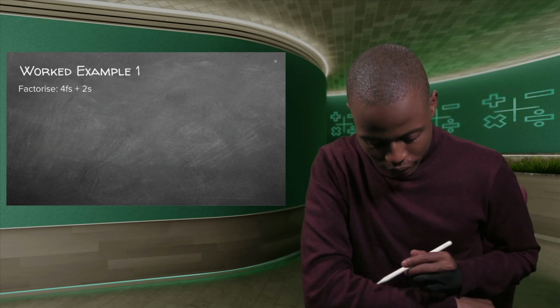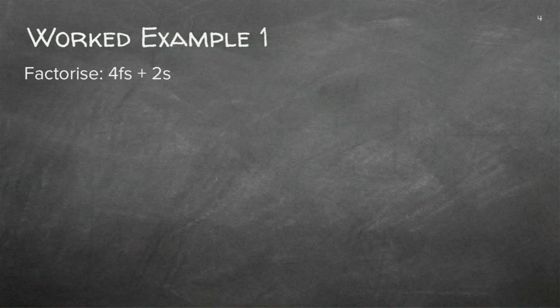So our first example says factorize. As you can see, you just have two terms and you need to find the highest common factor first. If I'm looking for the highest common factor of 4 and 2, the highest number that can divide 4 and 2 at the same time is 2 itself. So I'm going to write 2 outside, okay?